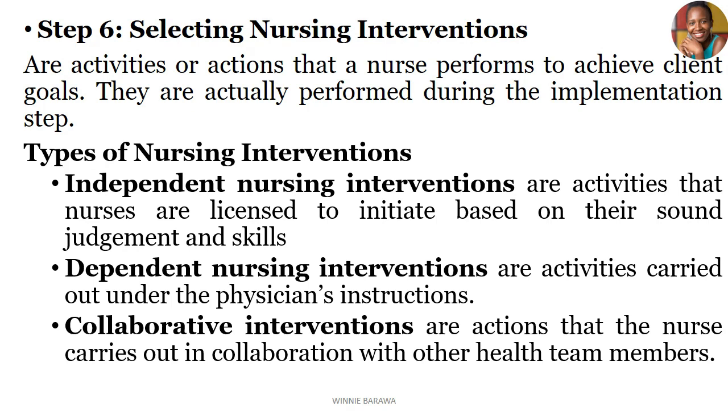However, there are what we call the dependent nursing interventions, or rather these activities that are carried out under the physician's instructions and guidance. So for instance, when it comes to dose estimations, as much as due to experience and you working in a particular department, you will have the experience and the exposure into even dosage calculations and prescription of dosages. The nursing fraternity have not yet achieved the right to start prescribing medication, but that is normally given under the physician's instructions and guidance.